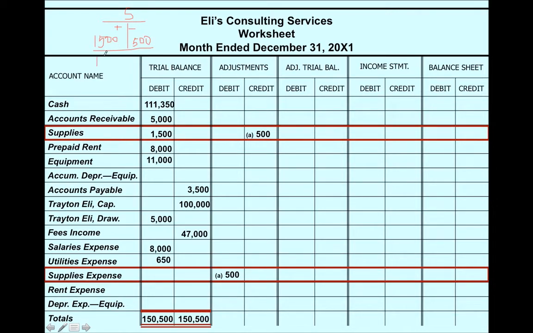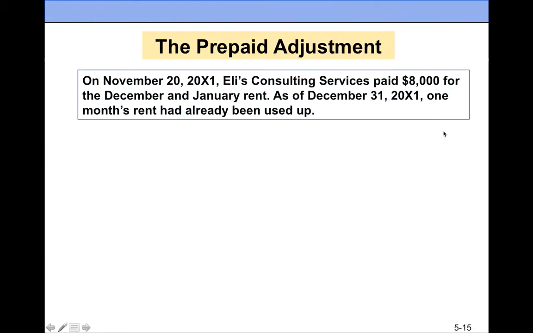It will be $1,000, and that reflects how much supplies is actually left. Where will I see it? I'll put it right here, right? In my adjusted trial balance, it will be $1,000 left, and that's what will go on the balance sheet. So if I don't make an adjustment, the amount of supplies on the balance sheet would be too high, overstated. Okay, so that's for supplies.